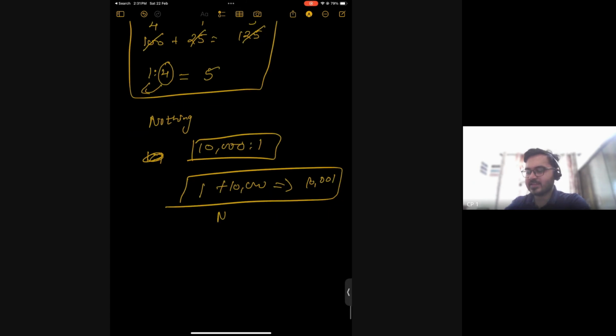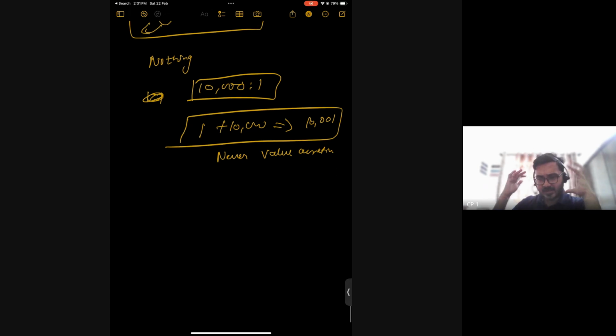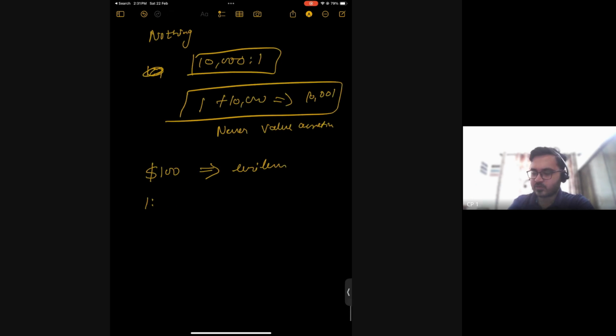But this is never value accretive, which basically means in real life what happens, let's just say there is a stock trading at 100. Let's just say Unilever shares are trading at 100. If you declare a 1:1 dividend, which means the owner of one share, his demat account is going to reflect 2 shares now.